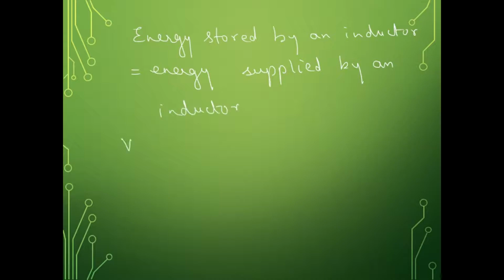So what is the meaning of that? V I T on is equal to (V naught minus V) into I into T off.